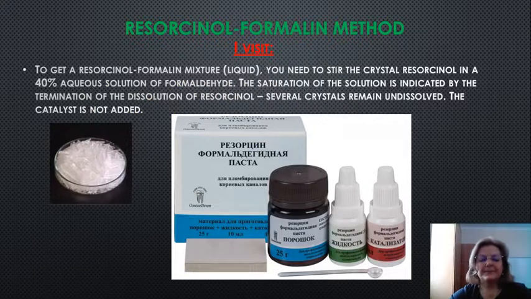The resorcinol-formalin method is done in several visits. In the first visit, to get a resorcinol-formalin liquid mixture, you need to stir crystalline resorcinol in 40% aqueous solution of formaldehyde.